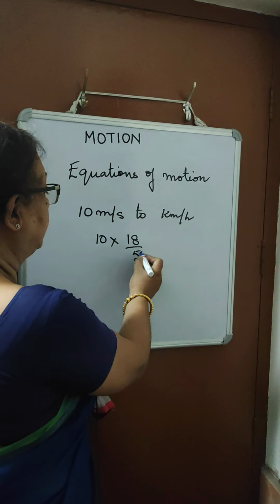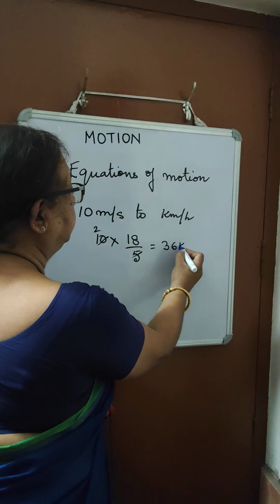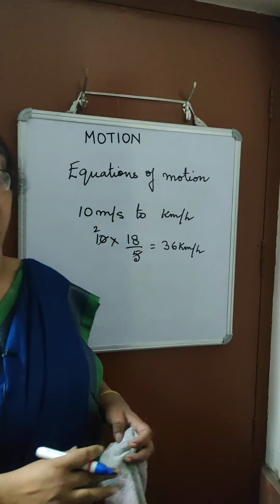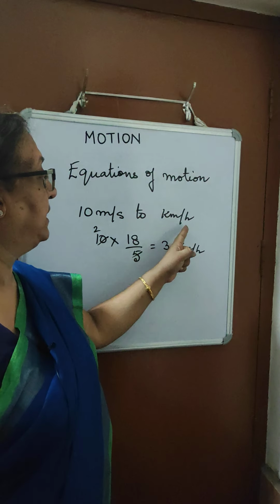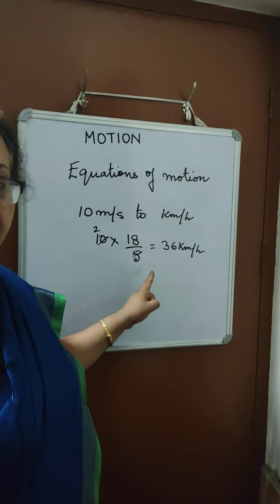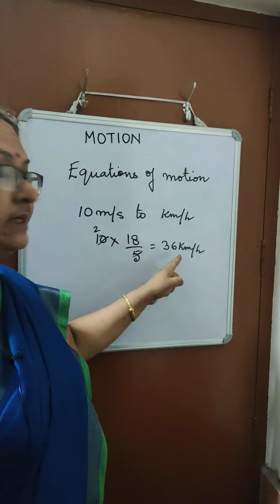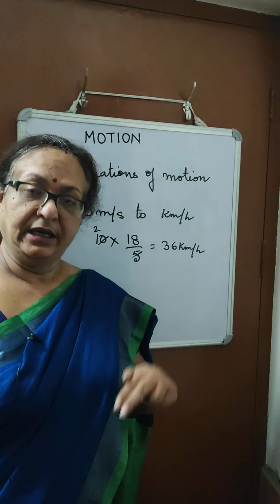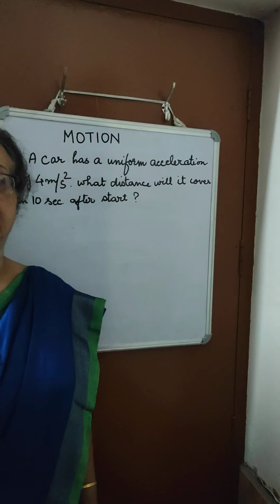So what do you get? 18 2s are 36. Okay, so children, to convert meter per second to kilometer per hour, we multiply by 18 by 5. So this is how we convert, because you will need these conversions when we do the numericals. Okay, so come on, let us move to few numericals.